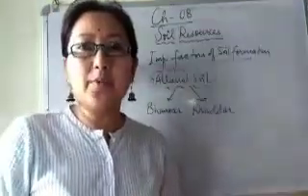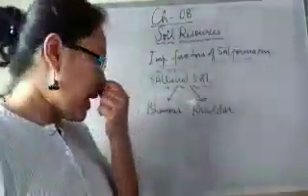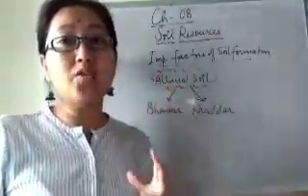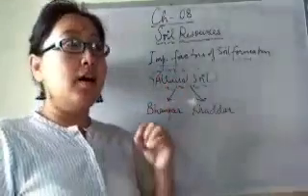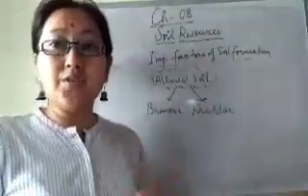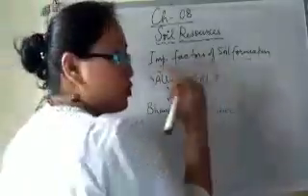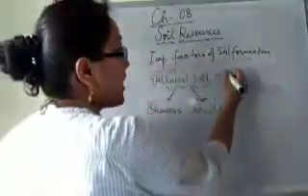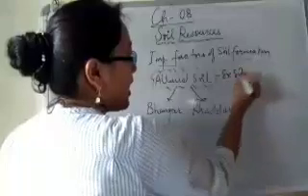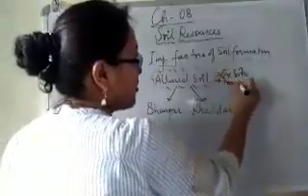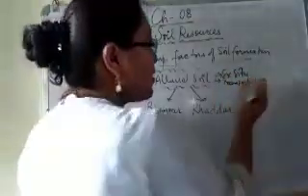Okay, let's talk about the formation and let's know about the alluvial soil. Alluvial soil is also known as transported soil as well as ex situ soil. It has 2 other names: ex situ and transported. So why is it called transported soil?